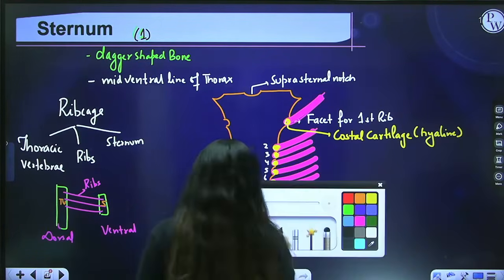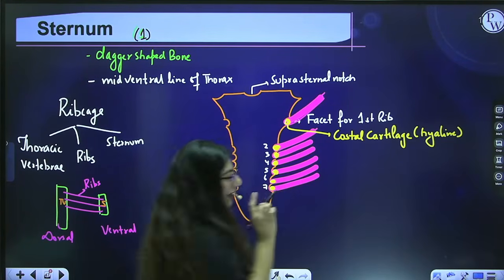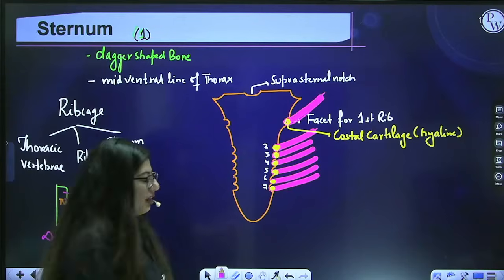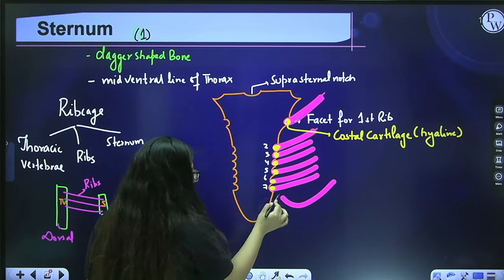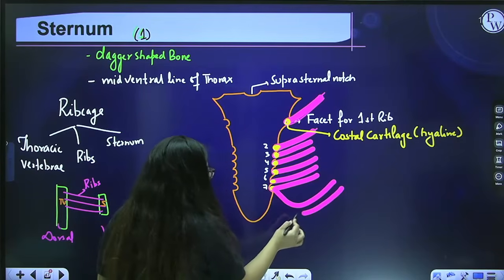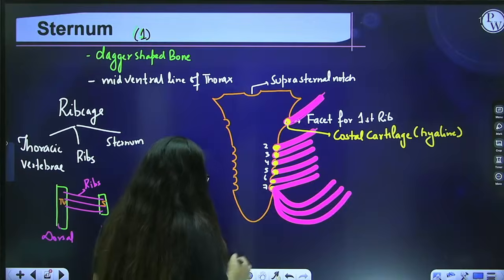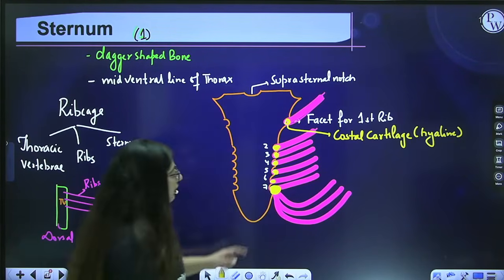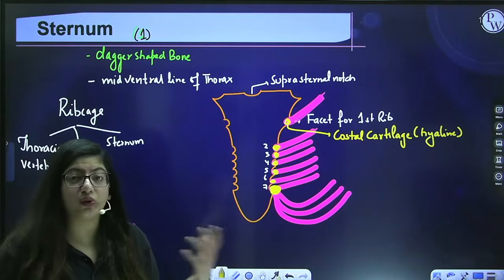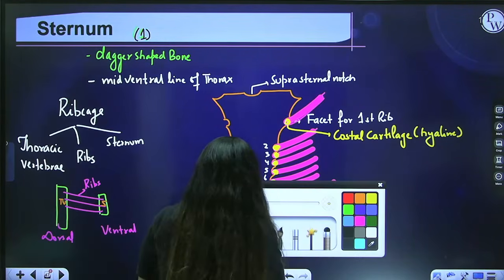Okay, now the 8th, 9th, and 10th ribs. Dorsally, they are attached to the thoracic vertebrae, but ventrally to the cartilage of the 7th one. As you can see, they are not attached to the sternum because they don't have extra facets, right? So these ribs are the false ribs.